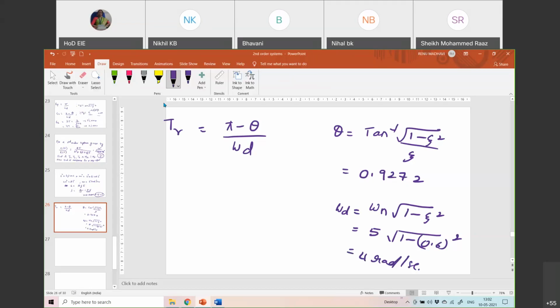So you know omega d, you know theta. Okay. So you have to write the value of TR. TR is around 0.5535 seconds. Okay. So this is about TR.